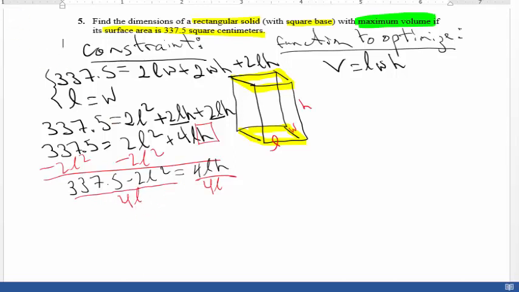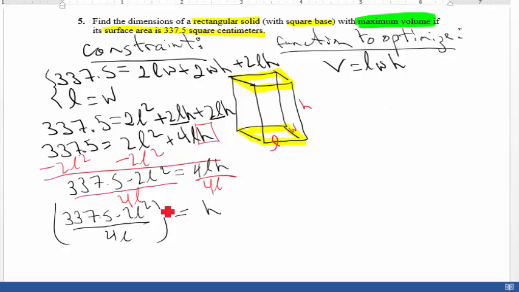So then we're going to have h equals 337.5 minus 2l squared over 4l. And that's what we had to do because, again, the problem with the function that we were going to optimize is that it had 3 variables in it.